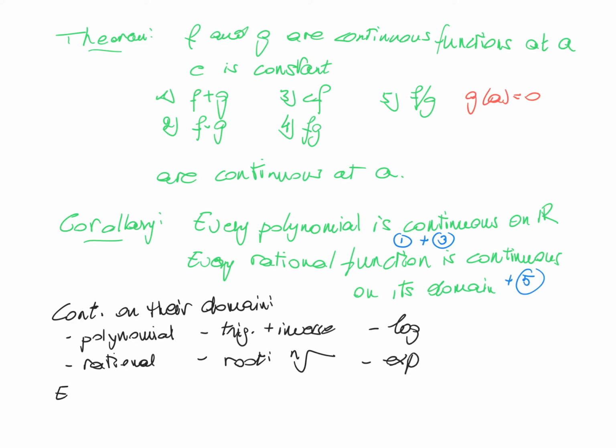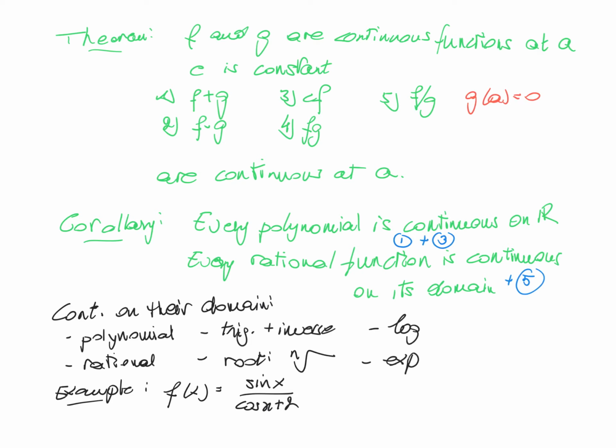As a quick example, what can we say about the continuity of the function f of x, which is sine x divided by cosine x plus 2? By what we said before, we know that the sine of x is continuous. We also know that cosine of x is continuous. If we add 2 to the cosine, it doesn't change the continuity.